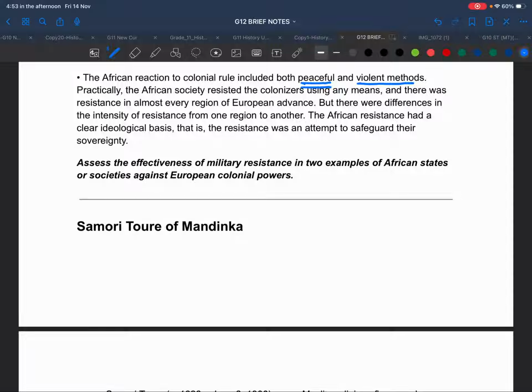Practically, African society resisted the colonizers using any means, and there was resistance in almost every region of European advance. The degree might differ, but there was resistance, breaking their silence, though the intensity varied from one region to another.